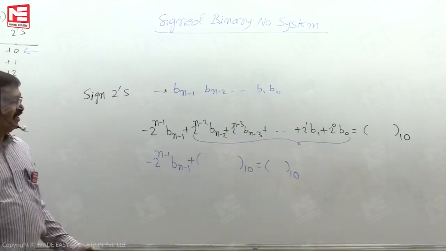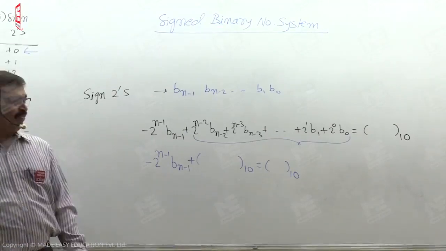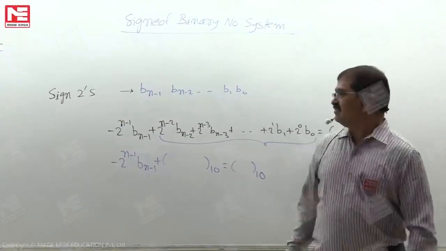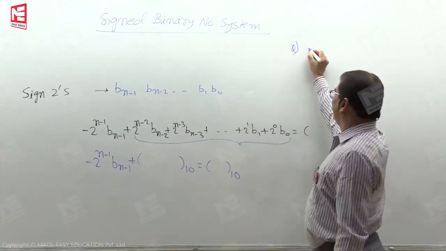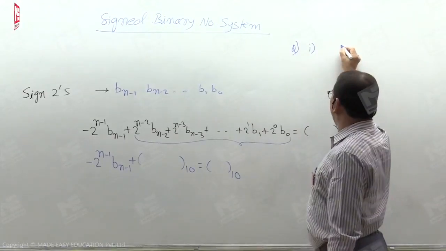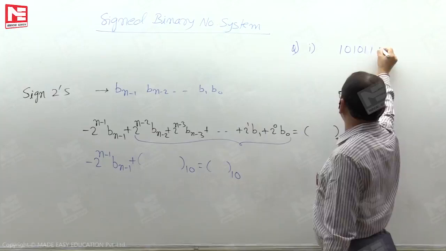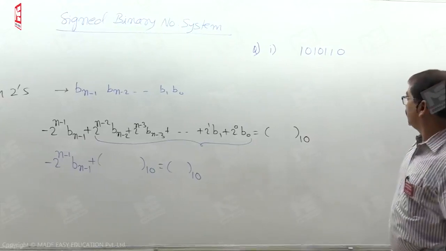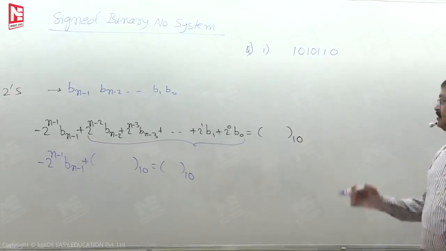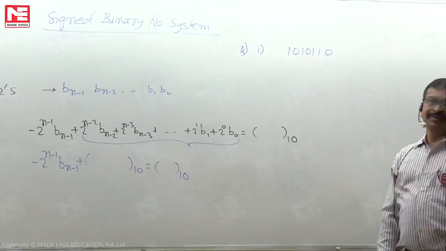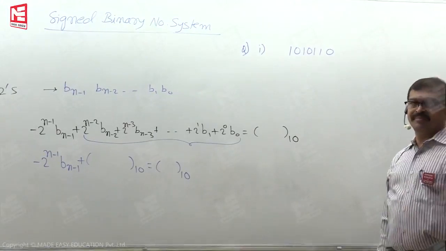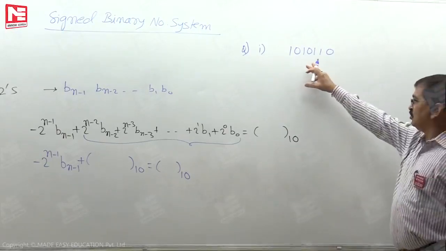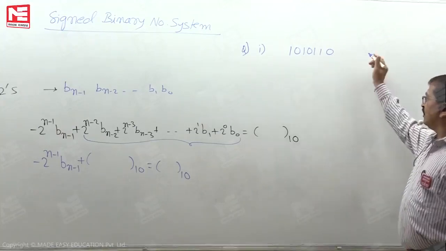I mentioned this theoretically, but let us check a few examples. Suppose we have a number 1010110.